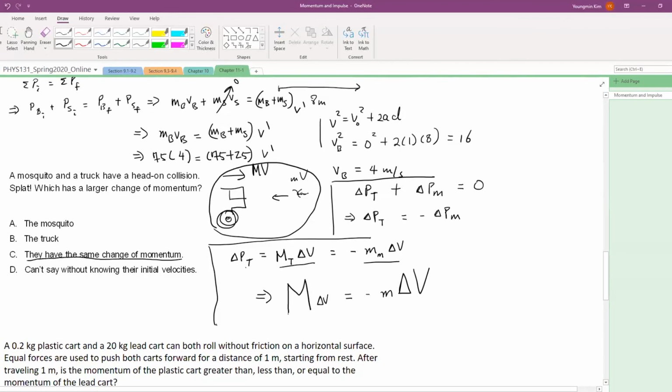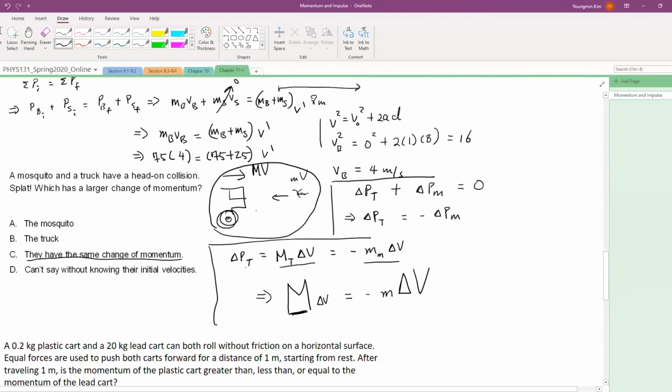Does it make sense? Because the truck has much greater mass than the mosquito. That mass proportionality means that the change in velocity that the truck undergoes is much, much smaller than what the mosquito will go through. The mosquito will have to do all the velocity change compared to the truck.